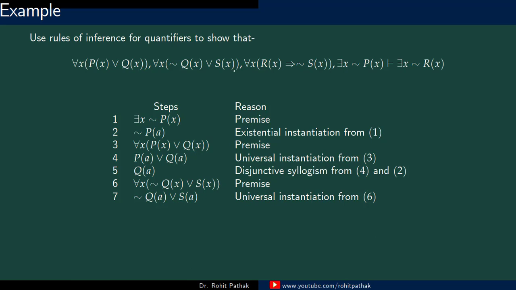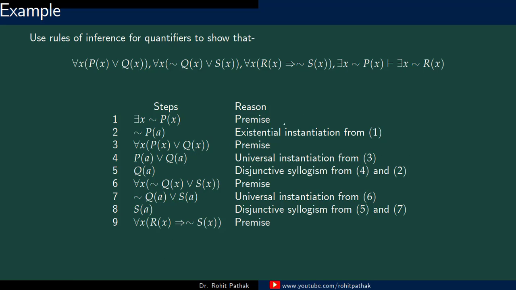This is also true for an arbitrary element a. Then disjunctive syllogism from 5 and 7. So this and this, qa and negation qa or sa, give this sa. So again using disjunctive syllogism.